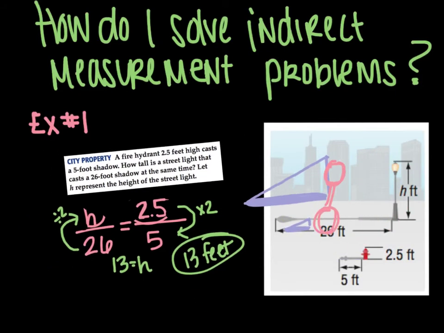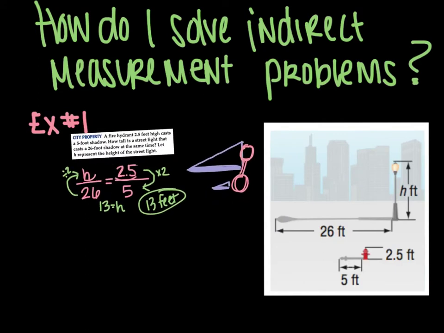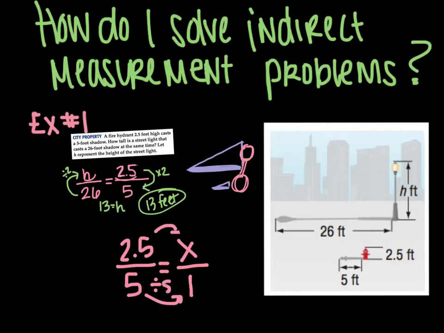I'll just show you briefly. If you couldn't figure that out using that, you could always use unit rate. So taking that 2.5 over 5, change that into over 1, because that's what unit rate is. Solve for that first. So going from 5 to 1, you're dividing by 5. So you're going to take 2.5 and divide that by 5, which gives you x to be 0.5.